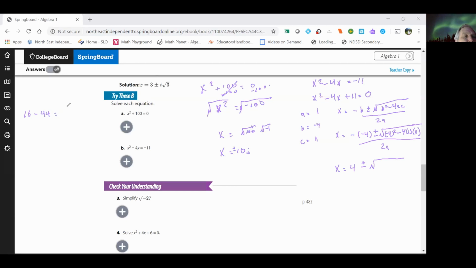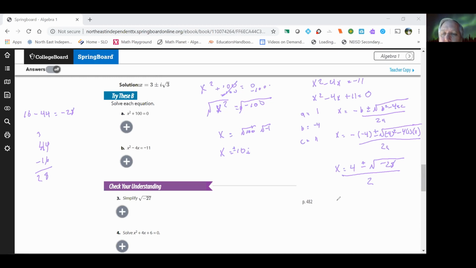So 16 minus 44. We write this in the usual way, 44 minus 16, and that's going to be 28, but the larger number is negative, so it's negative 28. So our discriminant is negative 28, all that over 2.